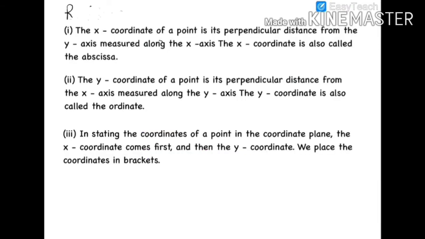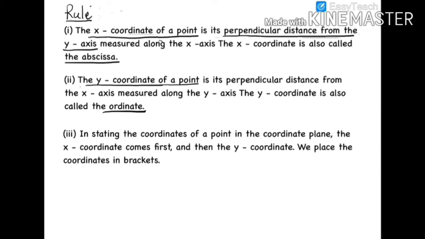So here are the main points of the rule that is applied to find the coordinates of a point on a Cartesian plane. The x-coordinate of a point is called the abscissa, which is the perpendicular distance of this point from the y-axis. Similarly, the y-coordinate of a point is called the ordinate, which is the perpendicular distance from the x-axis.